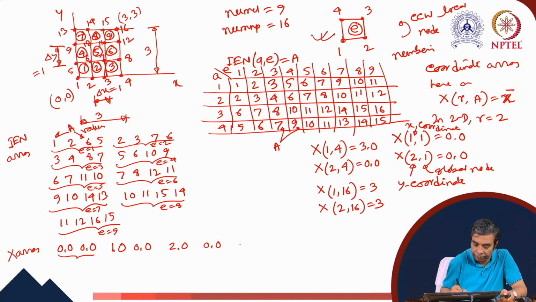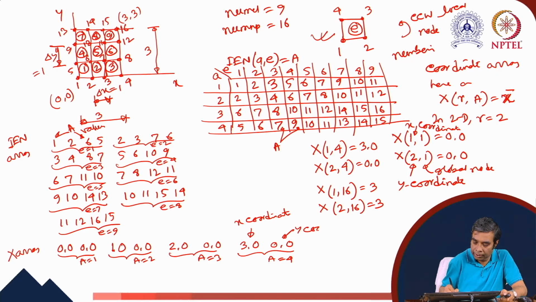Fourth node, x is 3.0, y is 0.0. So this is a equals 1, a equals 2, a equals 3, a equals 4. This is the x coordinate: the first data is for the x coordinate and the second data is for the y coordinate.